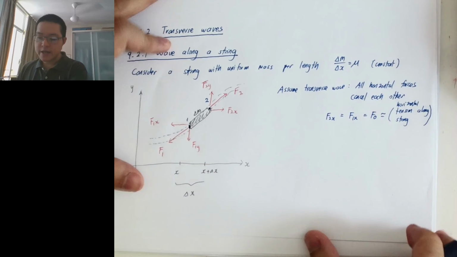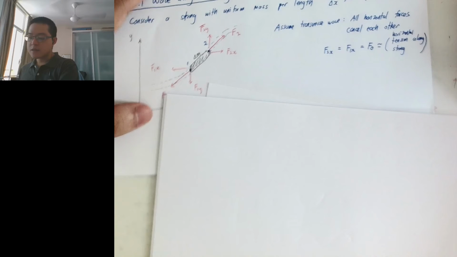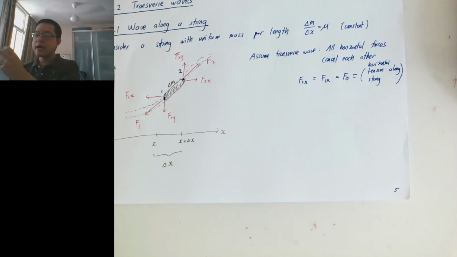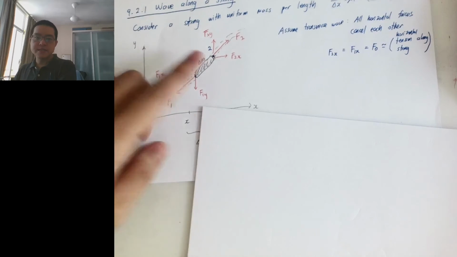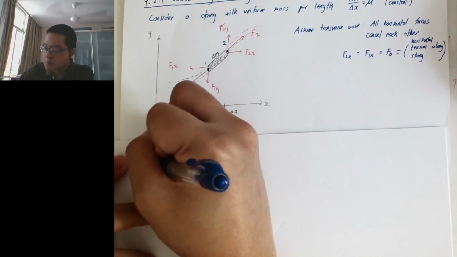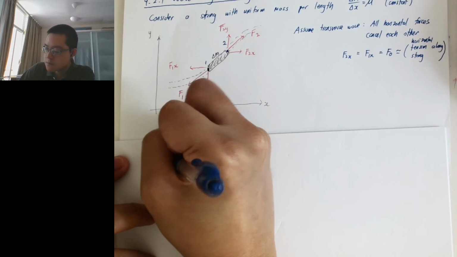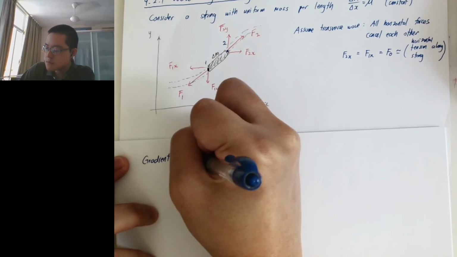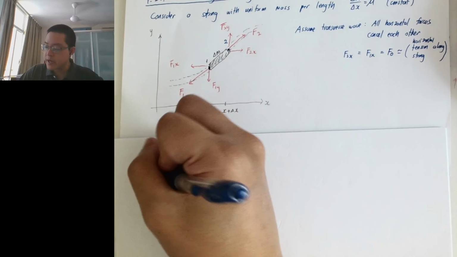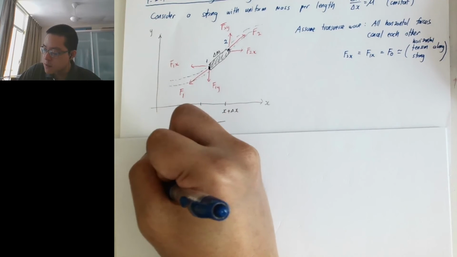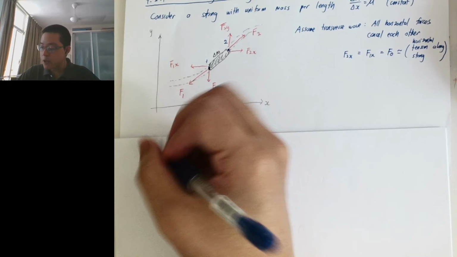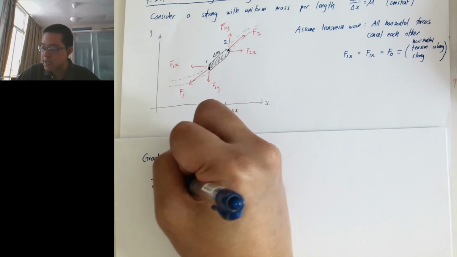To calculate the motion, let me show you how to get the gradient. On the xy axis, my string is basically like a line. Let me draw the gradient at point 1. The gradient is the derivative of y with respect to x, calculated at position x.